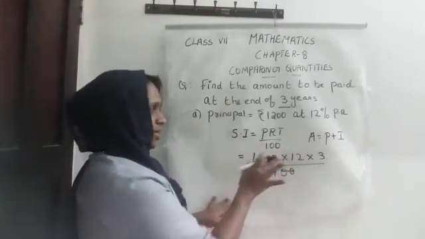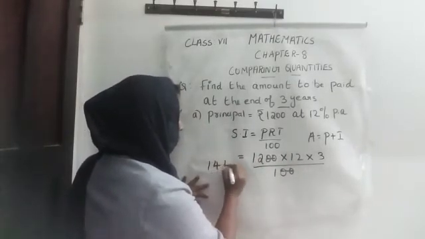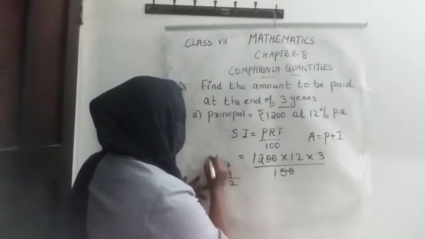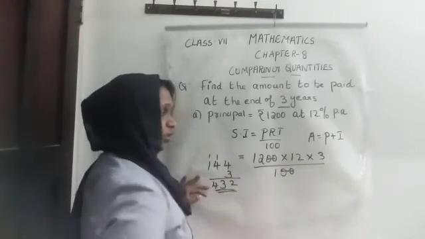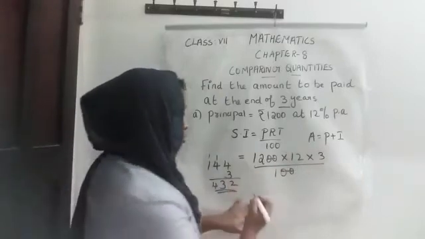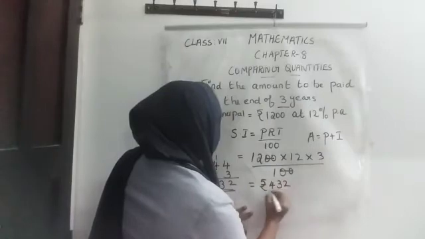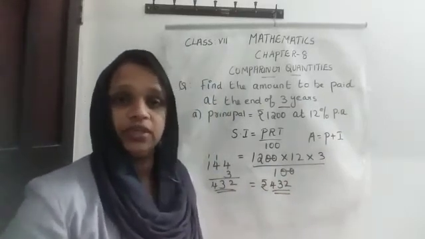So we can cancel those 2 zeros. 12 into 12 it is 144, into 3 it is 432. 12 into 12, 144 into 3, it is rupees 432. But our question is we want to find the amount.